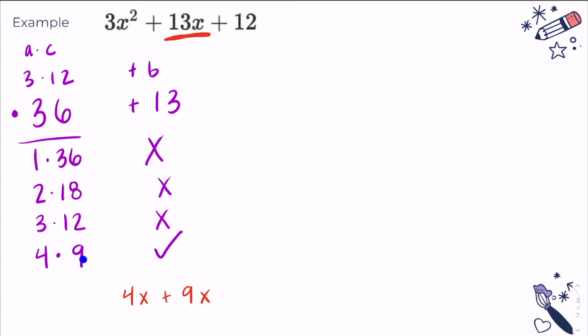Just taking that 4 and that 9 and adding that x there. So now we have 3x squared plus 4x plus 9x plus 12. If you were to be given this and asked to simplify, you would combine like terms to get your original. So we know this is equivalent.